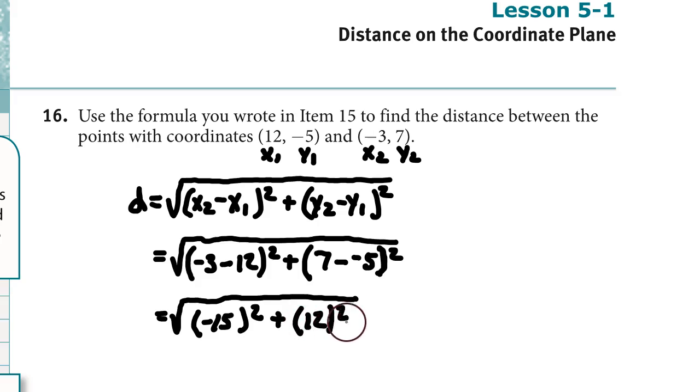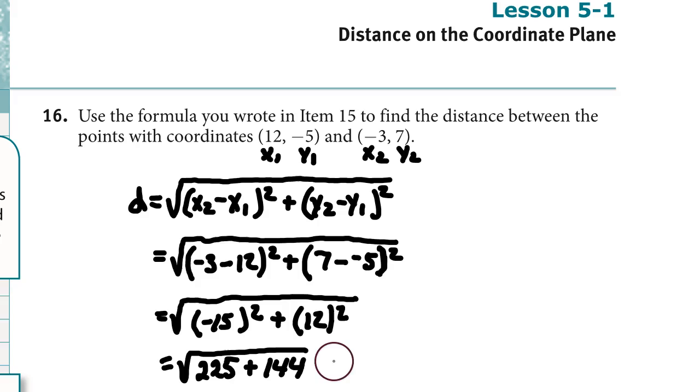Notice the parentheses, notice the squaring, notice the plus sign between the parentheses. Next step. Negative 15 squared. Negative 15 times negative 15 is 225, or use a calculator. Plus 12 squared is 144. 12 times 12 is 144.